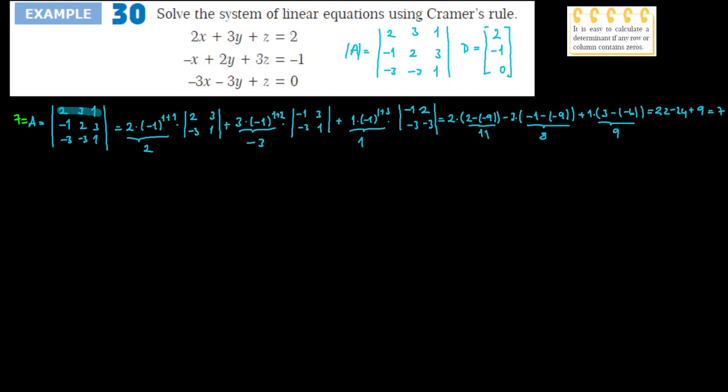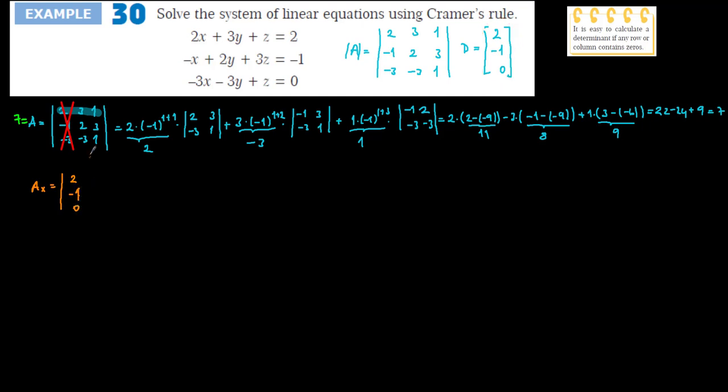Then I have to find step by step AX and AY. First I'm starting with AX. For AX, first I'm going to switch all the entries of the first column by 2, minus 1 and 0. First I'm writing that one, 2, minus 1 and 0.